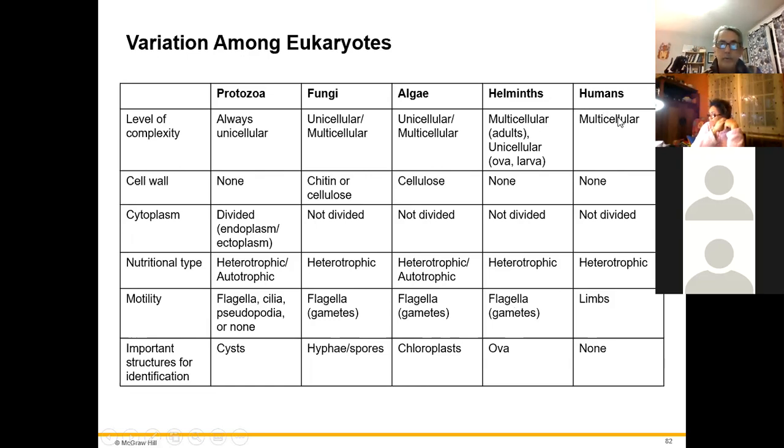Compare that to humans. We are always multicellular. We do not have a cell wall. We do not have divided cytoplasm. We are heterotrophs. Our motility is limbs. We have no unique structures for identification.